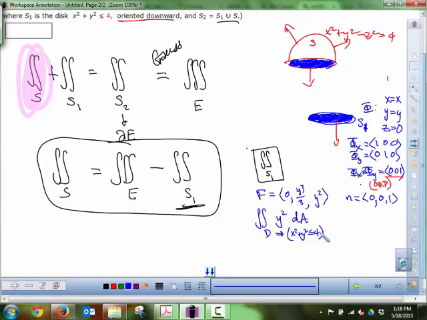So now is probably the time I would go into polar coordinates so I can complete this integral. y would be r sine theta, so I want to square that, and then the dA has an r. r goes from 0 to 2, I think, and then theta goes from 0 to 2 pi.